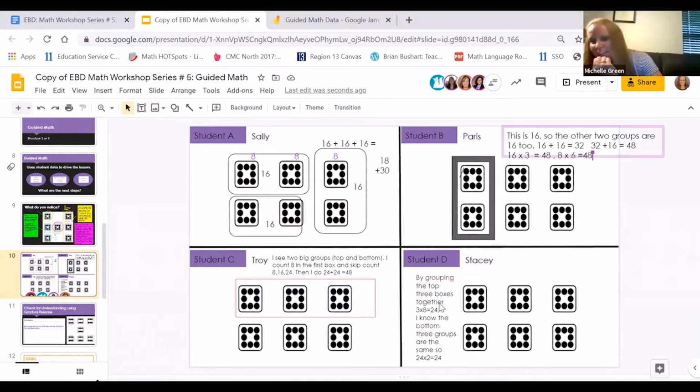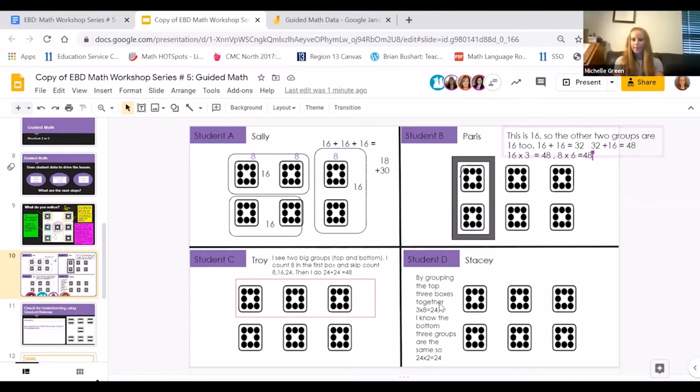Okay, awesome. Now, what I want to think about is Sally. Sally, can you tell me what you did in your work today that was similar to what Stacy did in the image that we talked about right before this problem? So Stacy found out what the total was on one side and on the other side, and she just doubled that for the right side because it was the same.